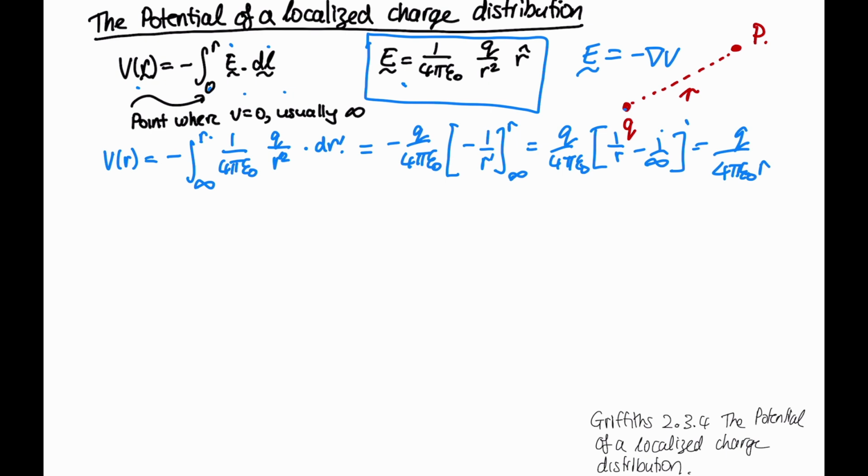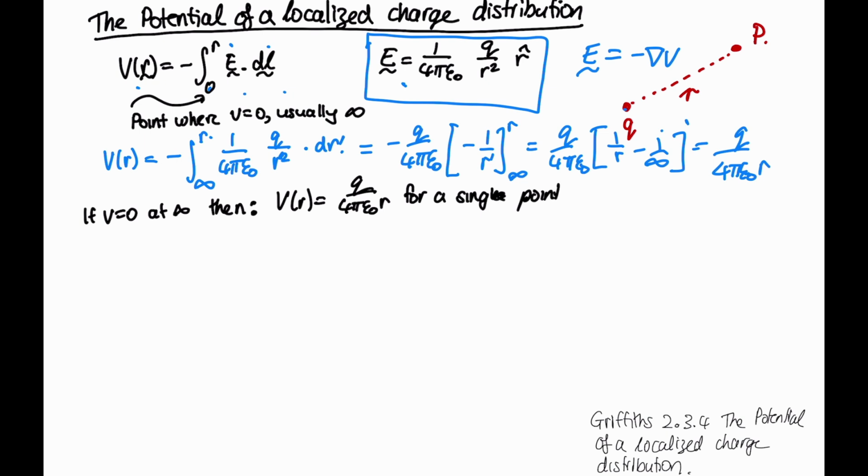And so now we have an equation for the potential of a single point charge, a distance r from that point charge, as long as we can assume that the potential is 0 at infinity. So if V equals 0 at infinity, then V of r is equal to q over 4 pi epsilon naught r for a single point charge.